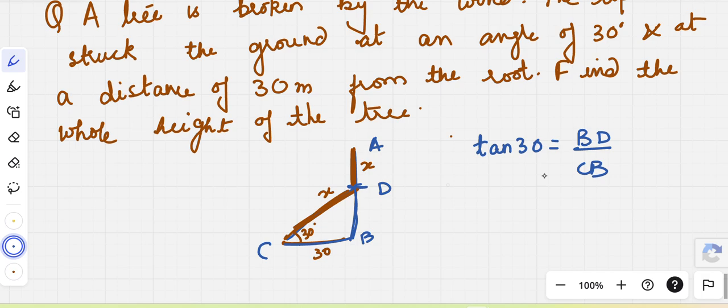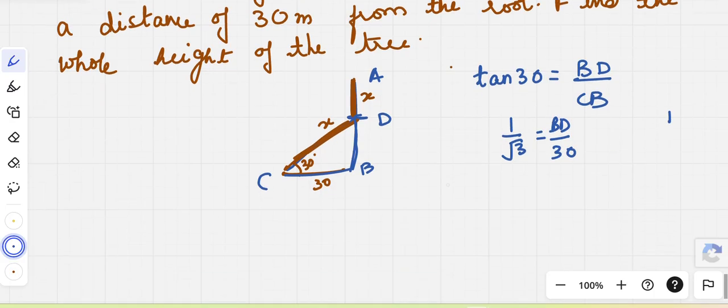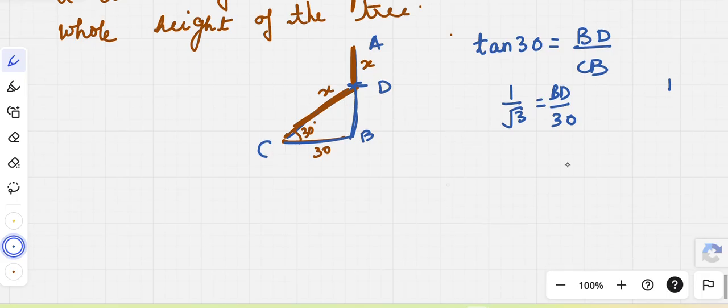Okay, so tan 30, 1 by root 3, equal to BD by 30. So BD is 30 by root 3.